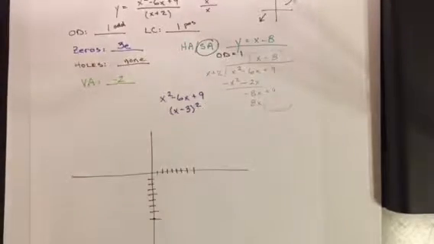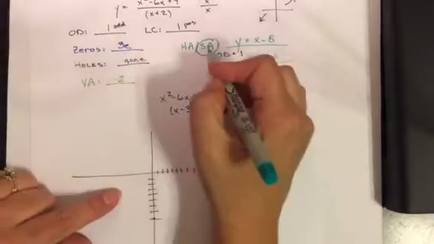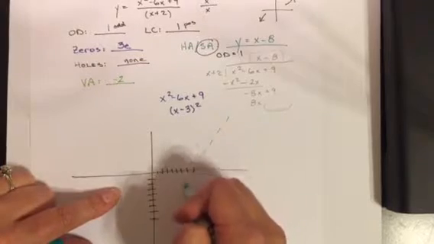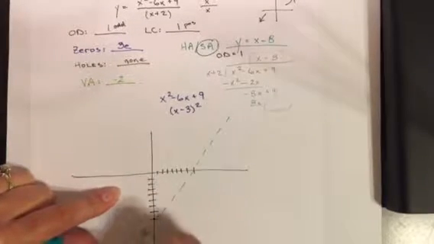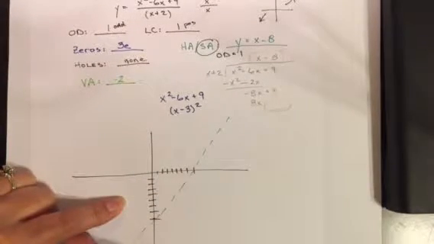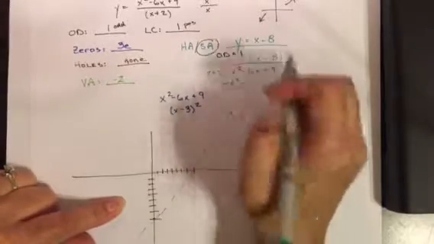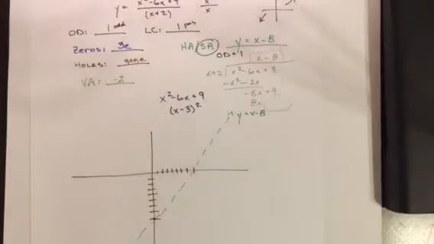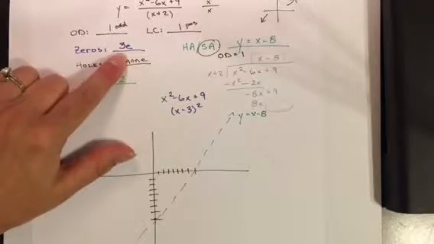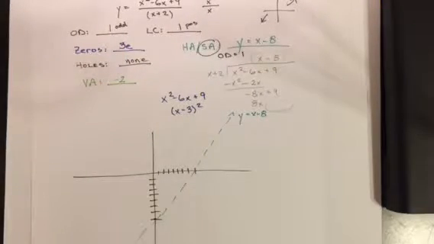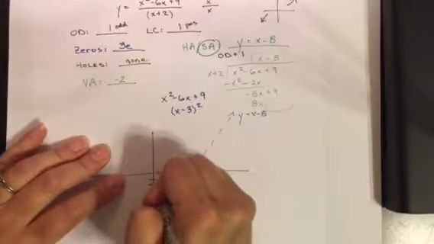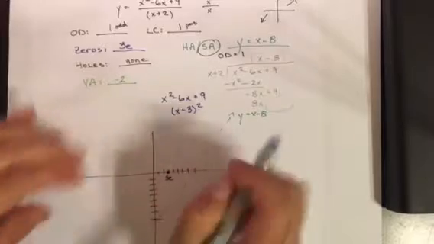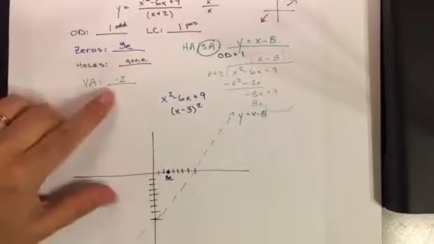All right. So my slant asymptote or oblique asymptote is at y equals x minus 8. I have a 0 at x equals 3. 1, 2, 3. And it is even. Make a mark there so I don't forget.